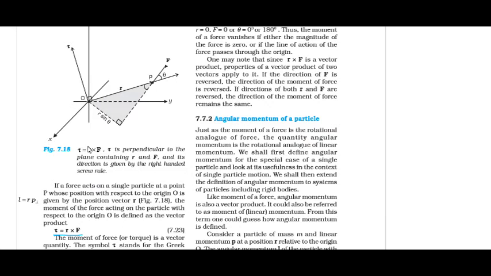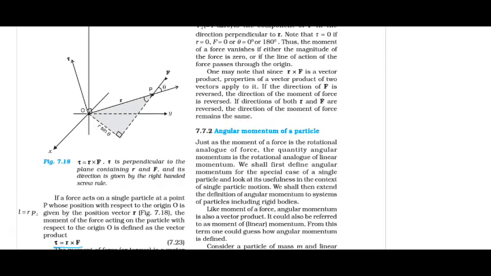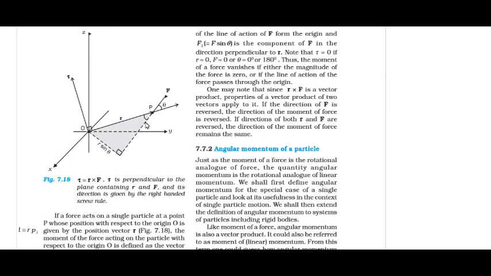Now let us see the figure. In this figure, this is the x-axis, this is the y-axis, and this is the z-axis. We have a point here at P, and the perpendicular length is given as l.